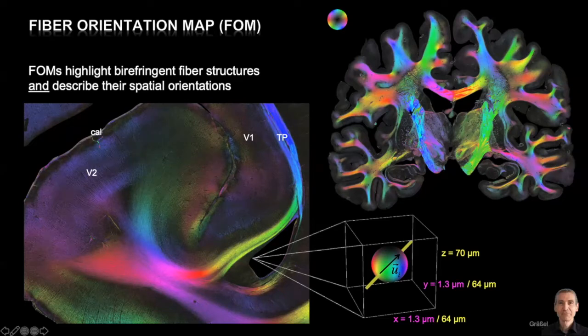So we should also use a much broader kind of orientation description. This kind of map we call the fiber orientation map, or FOM, which is one of the fundamental final results of the PLI approach.